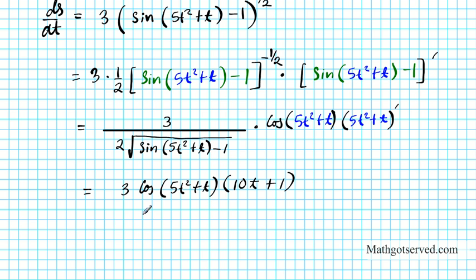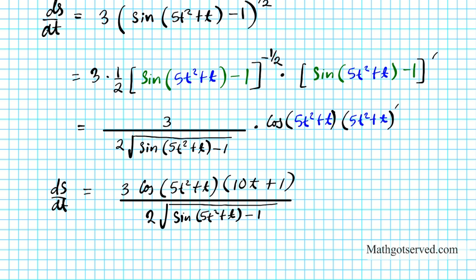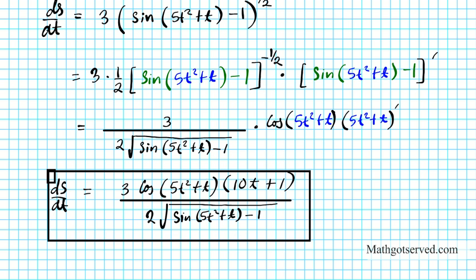And then that whole story divided by 2 times the square root of sine 5t squared plus t minus 1. Alright, so there goes the derivative ds dt. So bottom line is you can distribute this if you want, but this is good enough. Alright? So there you have it.